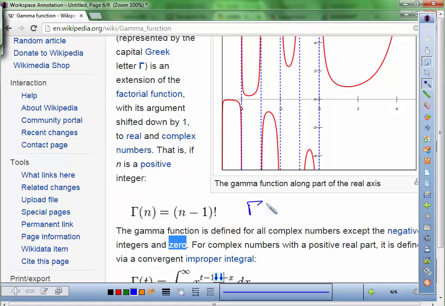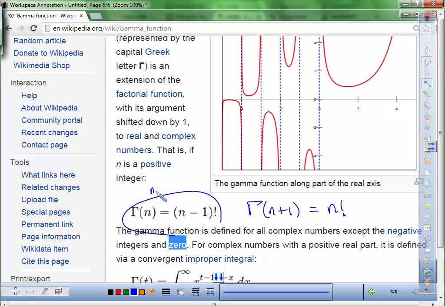So the gamma function, the way I see it, is usually gamma of n plus 1 is equal to n factorial, and that's how I relate it. So when they say the gamma function is not defined for 0, when n is equal to 0, you have gamma of 0 equal to negative 1 factorial, and that's not defined. If you want 0 factorial, you would need to put n equal to 1. Somebody said that, right? Okay, so that was correct.